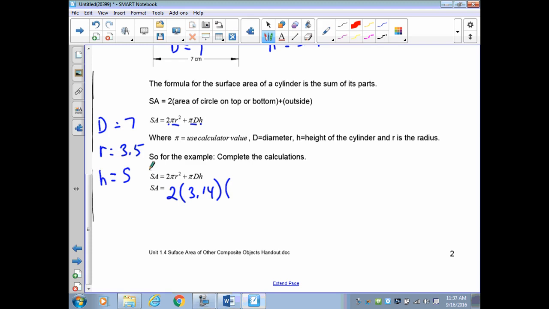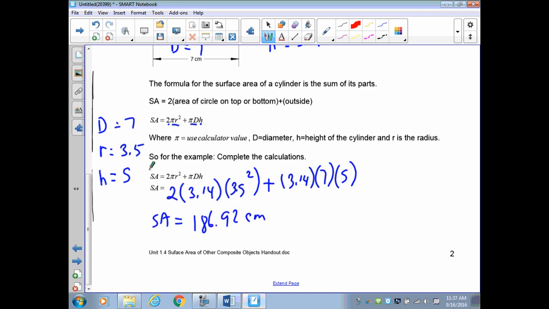So r is 3.5, and we have to square that. Then I have 3.14, that's my pi again, my diameter is 7, and my height is 5. Sticking all that in your calculator, your surface area is going to be equal to 186.92 centimeters squared. So there's a review of how to do a cylinder.